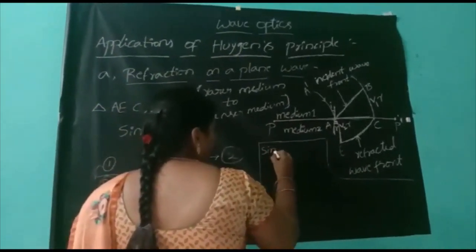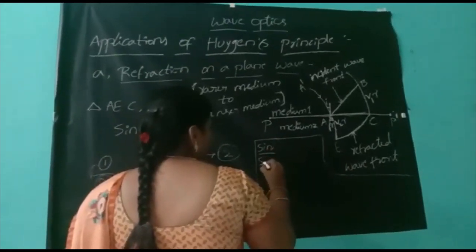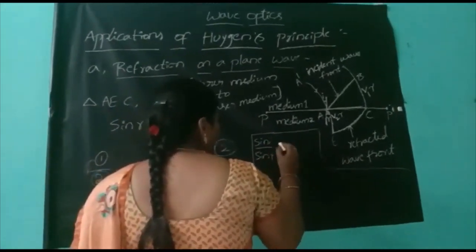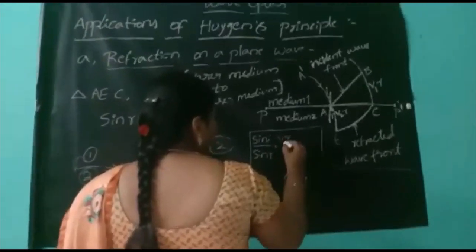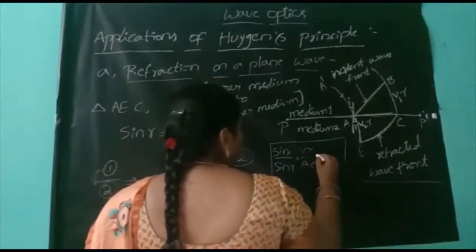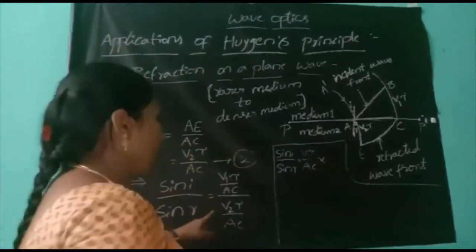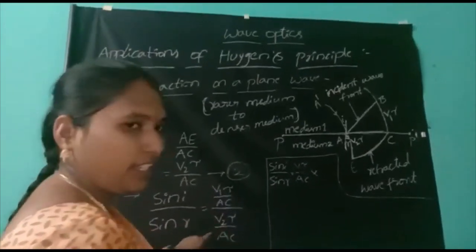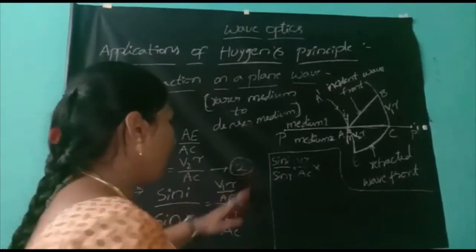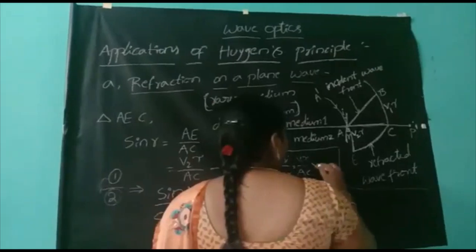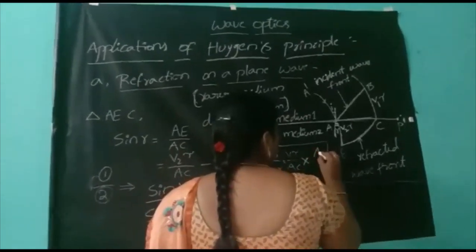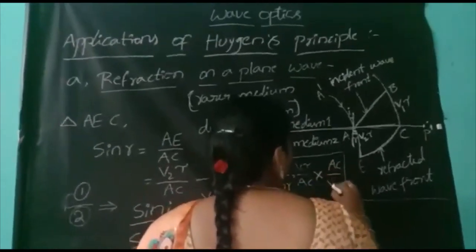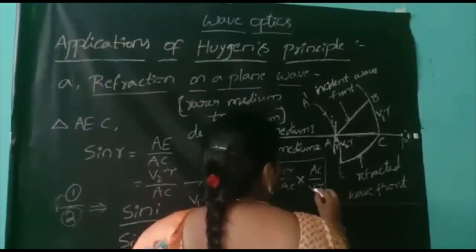Sin I by sin R is equal to V1 by AC into V2 by AC. This denominator fraction will be interchanged: AC by V2 torque.